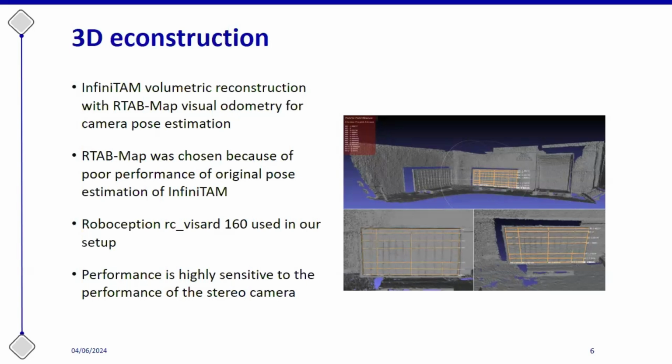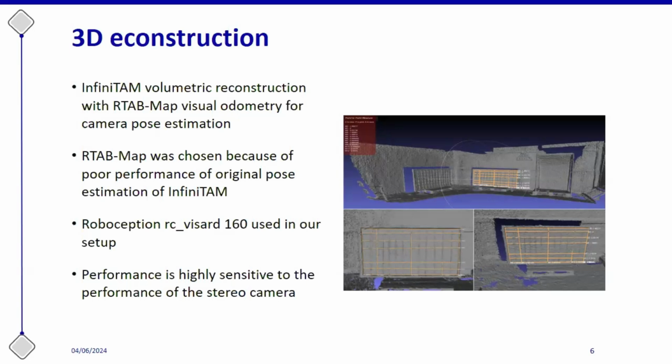We used RTAB-Map because the original visual odometry estimation module of InfiniTAM was performing quite poorly, and InfiniTAM is a more modular approach to 3D reconstruction, so we exchanged the module for RTAB-Map. The sensor that we used for this setup was the Roboception RC, and we could see that the performance is highly sensitive to the performance of the stereo camera.